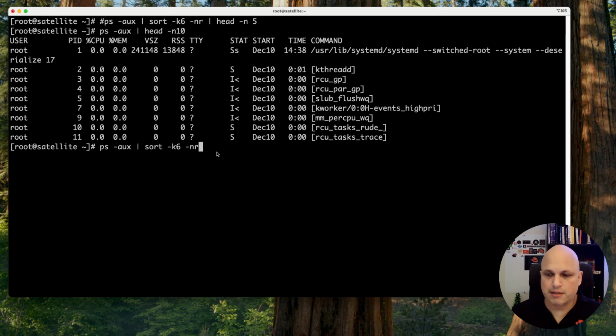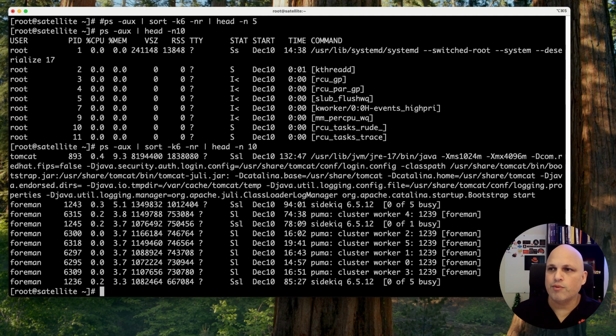So basically that's it. Let me get here just to keep the screen as well, and then we can have a look. So check this out. We can see that Tomcat is the first one, and then if we take a look at the 6th column, this is the first, second, third, fourth, fifth, sixth. Look at that.